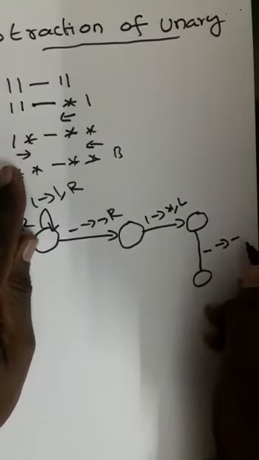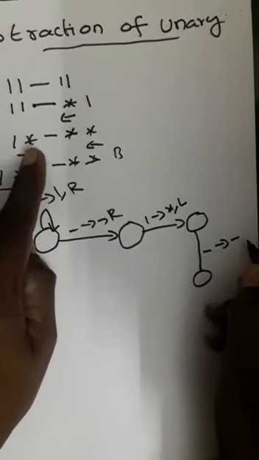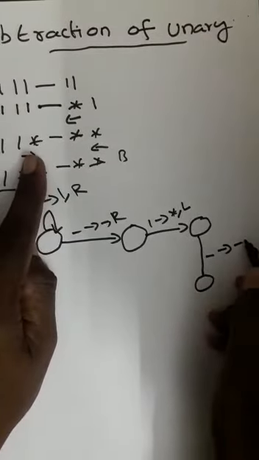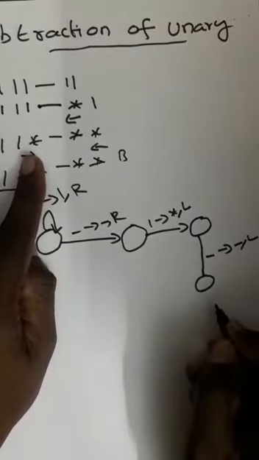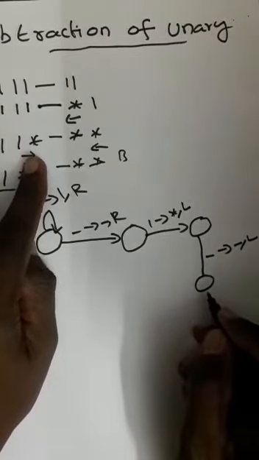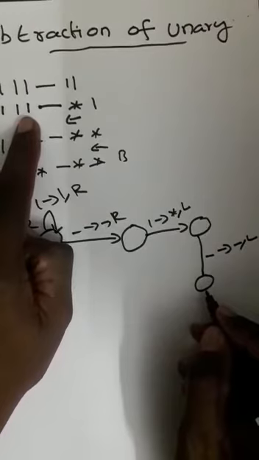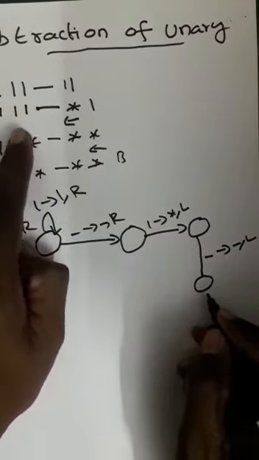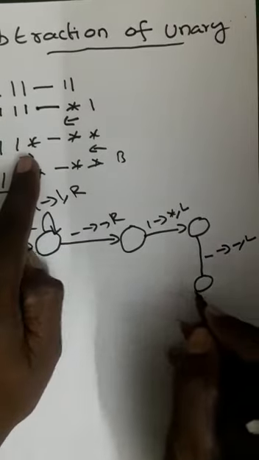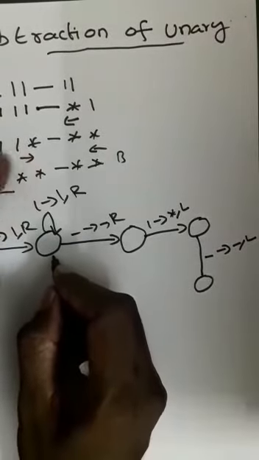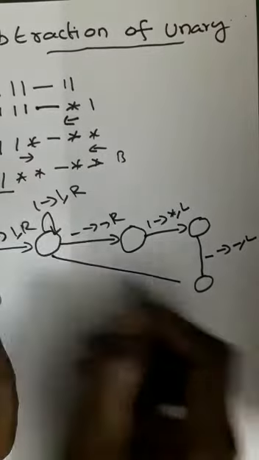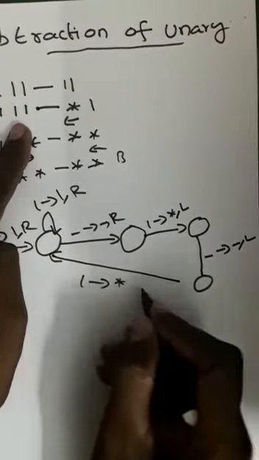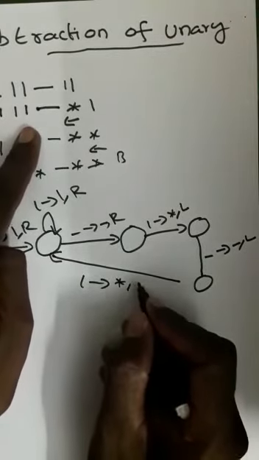Now we have 1, we must convert the 1 into a star. One converted into a star, change the direction to right.